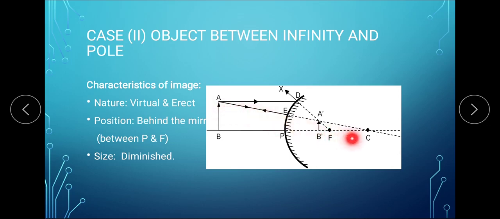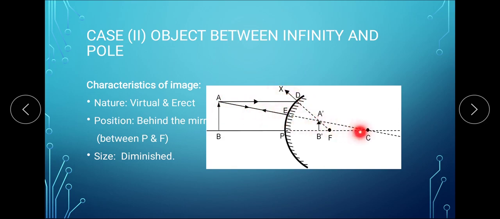And the second ray which will be incident on the mirror and appears to move towards center of curvature will, after reflection, reflect back along the same path. The ray going towards center of curvature will reflect back on the same path. It will retrace its path. So you can see the two reflected rays.